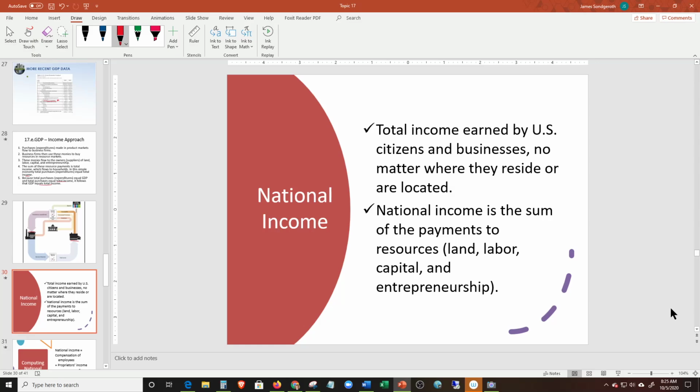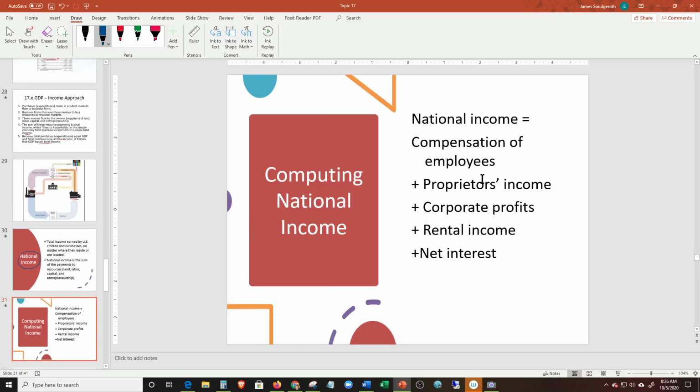So notice that national income is a little bit different than GDP. GDP is the value of everything produced in a country. National income is the income earned by citizens of the country, no matter where they earned it, in this country or in some other country.